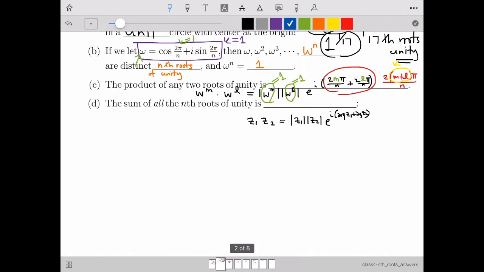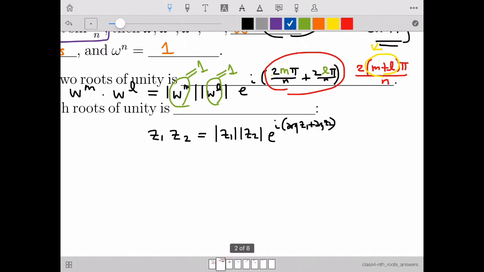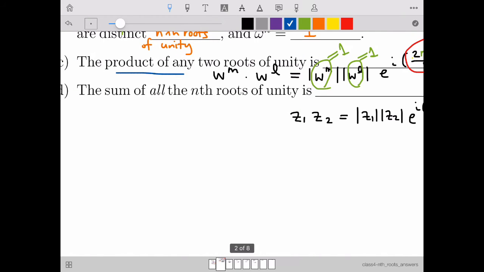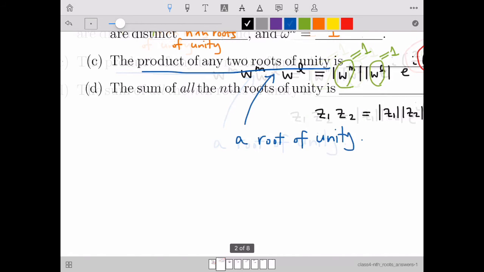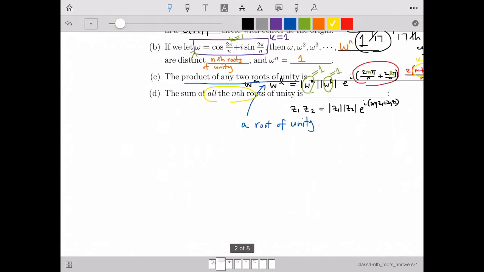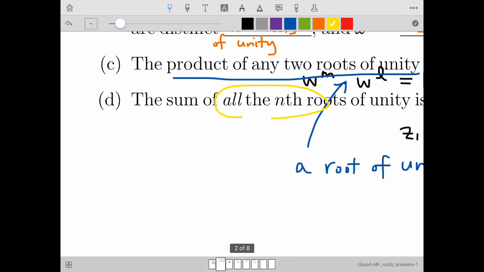I'm out of space, so let me write the answer here. The product of any two roots of unity is a root of unity. The sum of all the nth roots of unity. When we say all the nth roots here, we mean distinct nth roots, because our context is under distinct nth roots. So when we add all the distinct nth roots, what is it?